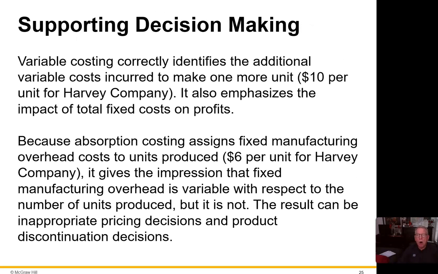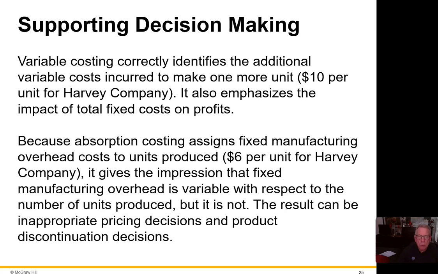So variable costing correctly identifies the additional variable costs incurred to make one more unit, in this case $10 per unit for the Harvey Company. It also emphasizes the impact of total fixed costs on profits.